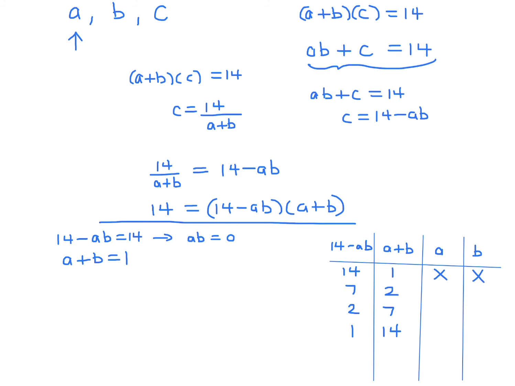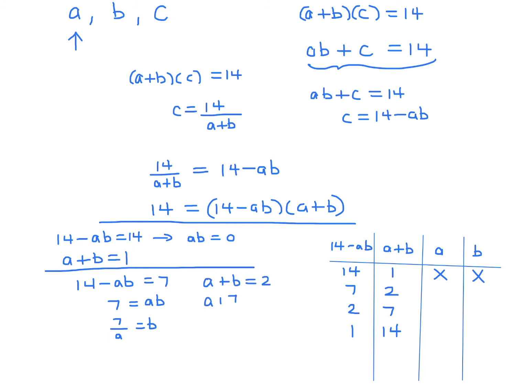Let's keep going. Let's try the next one. We got 14 minus ab is equal to 7. So that means that 7 is equal to ab. Okay? So if 7 is equal to ab, that means we can let 7 over a equal b. Now we go to our next criteria, which is a plus b. a plus b is equal to 2. So a plus 7 over a is equal to 2.